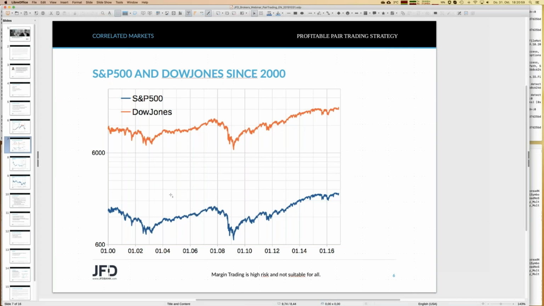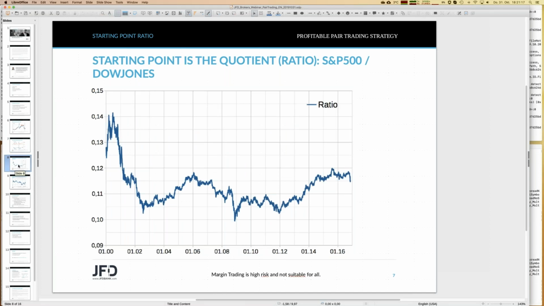I mentioned already that within that chart we have the Dow Jones in red and the S&P 500. There's a more or less constant factor between the two, which on the logarithmic scale is a constant offset. So let's create that quotient, hence the other name for the strategy, ratio strategy.